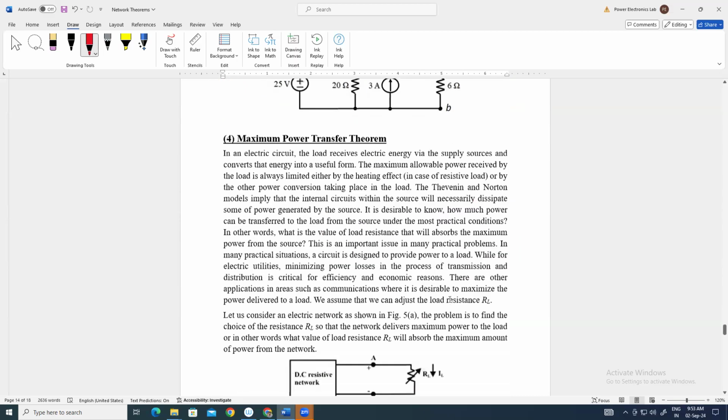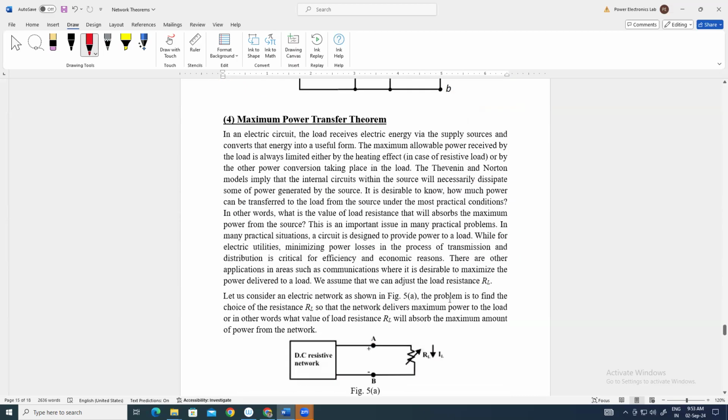Okay, so the last network theorem left is the maximum power transfer theorem, and it is an application of Thevenin's theorem only. By this theorem we will identify how much maximum power can be transferred from source side to load side.